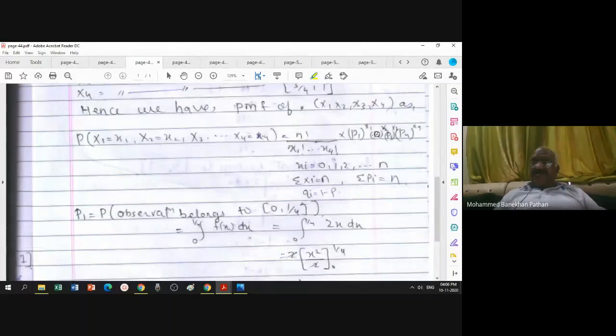Then the next probability raised to 2, the next probability raised to 1, and the last probability raised to 0. Solve this and you will get the answer to the problem.